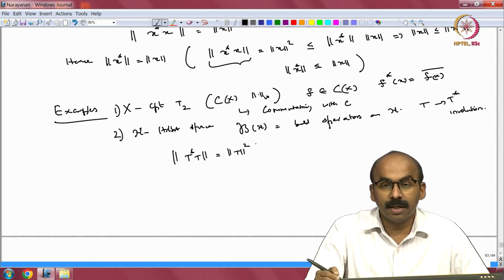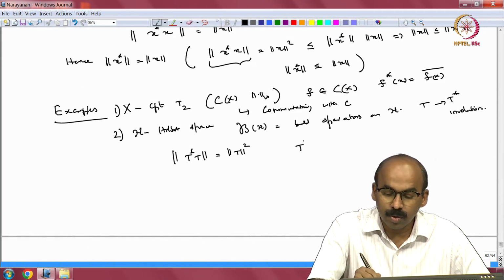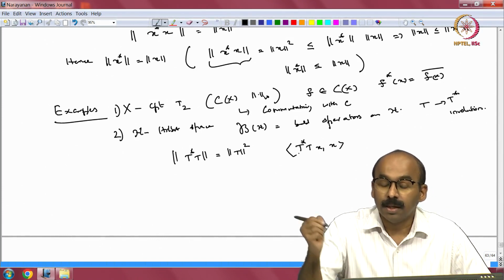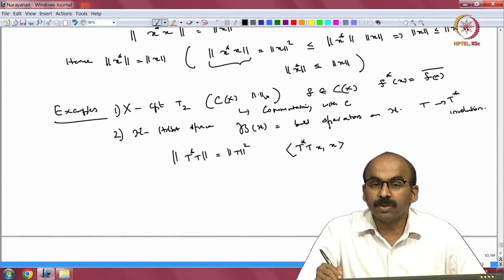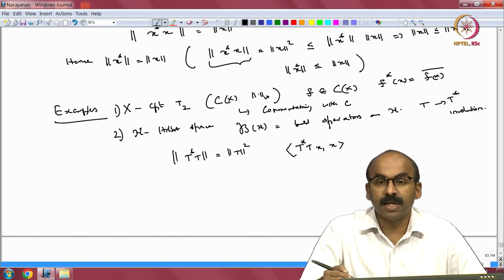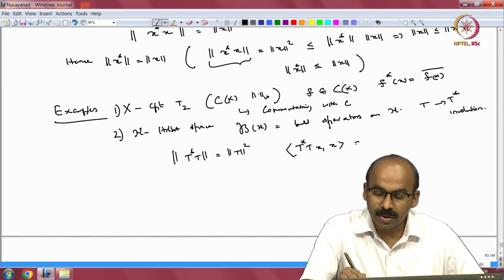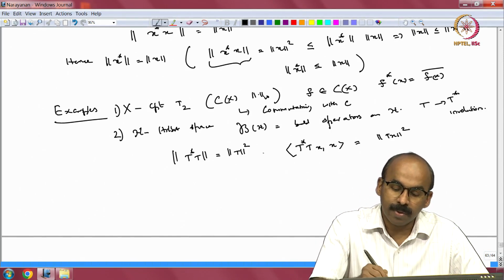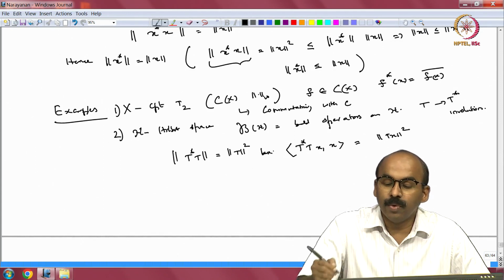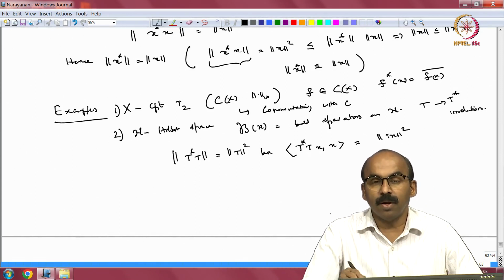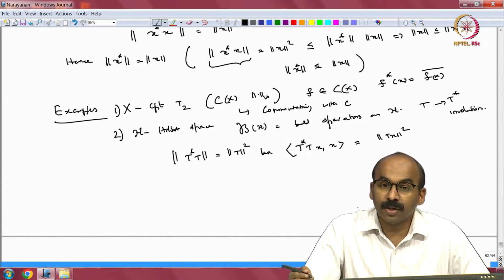Why is that? T star T is actually positive. So, you look at the inner product of T star T x with x, right, that is a self adjoint operator. So, if I take the supremum of the modulus of this, I will get the norm. So, this is norm T x square and then I take the supremum over the unit ball, I will get norm of T star T on the left hand side, norm T square on the right hand side, right.